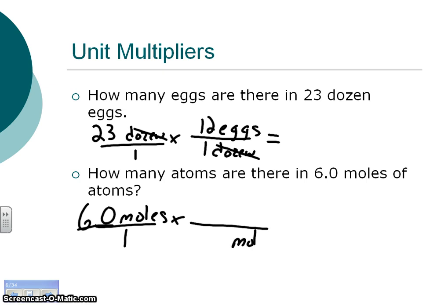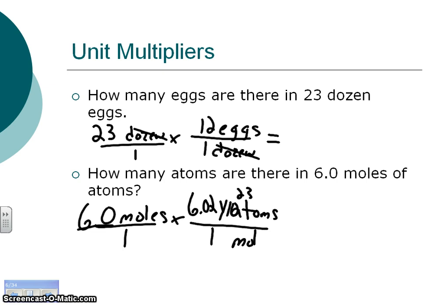And we know that atoms is going to go up top. Now the unit that's always going to go next to mole is 1. And in 1 mole we have 6.02 times 10 to the 23rd atoms.